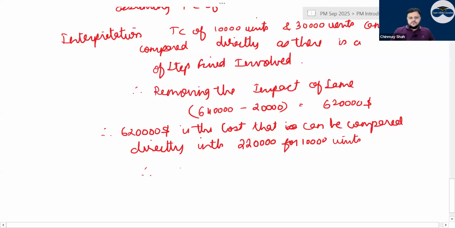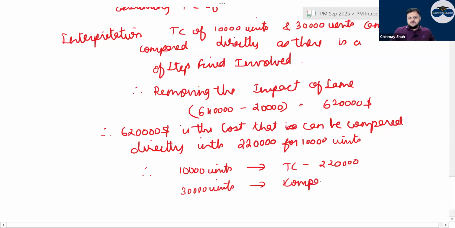Therefore, for 10,000 units, total cost is 220,000, right? And 30,000 units, correct? Comparable total cost is 620,000.